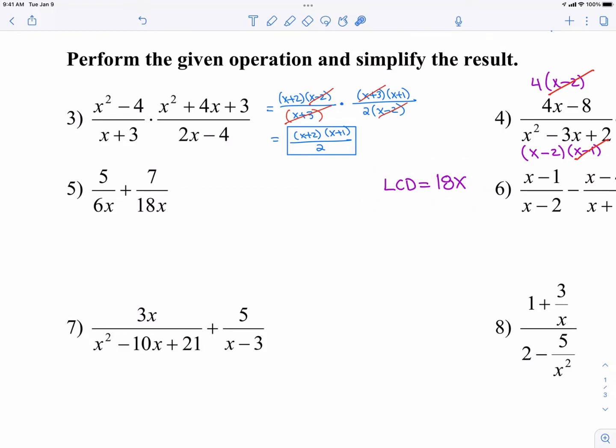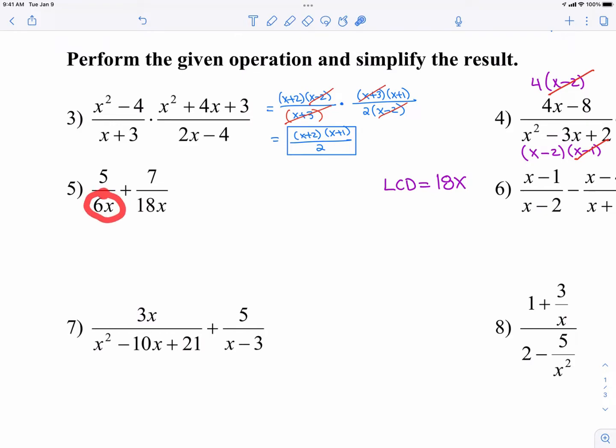So now when you're adding, you want to make sure that both fractions have the common denominator. And if they don't, you simply multiply by whatever's missing. So the fraction on the right already has our common denominator, so we can just leave that alone. But the fraction on the left has 6x in the denominator.